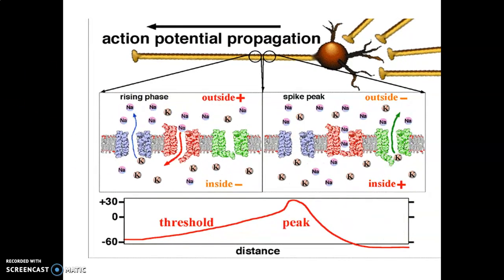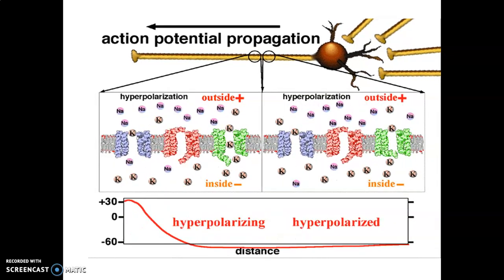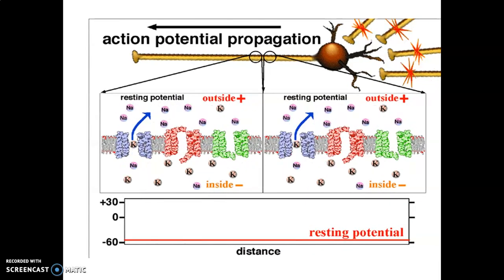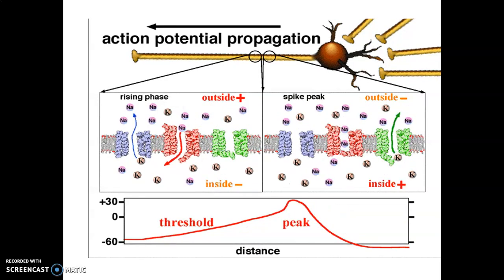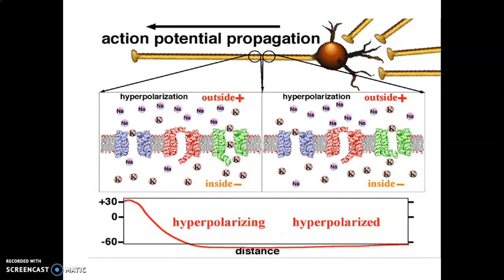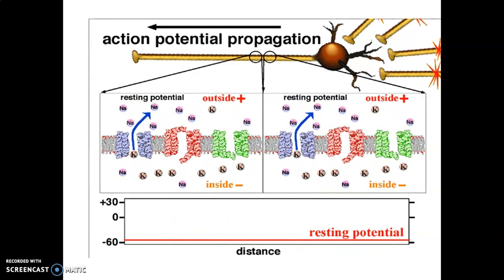Then, what happens when a stimulus reaches it? When a stimulus is applied at a site A on the polarized membrane, the membrane at the site A becomes freely permeable to sodium ions. The diagram is there in our textbook. This leads to a rapid influx of sodium followed by the reversal of the polarity at the site.